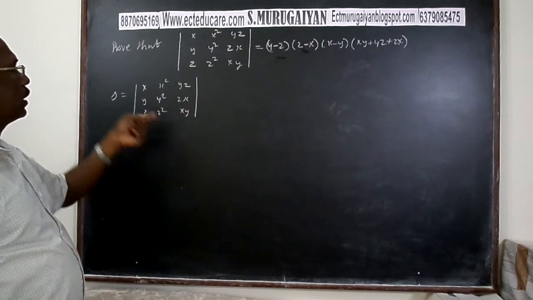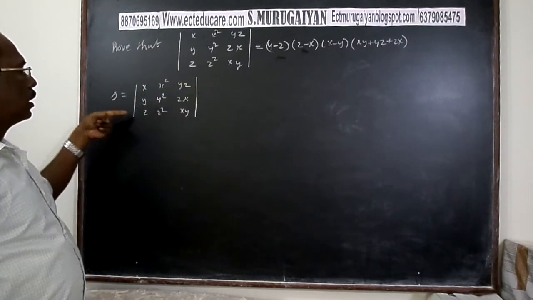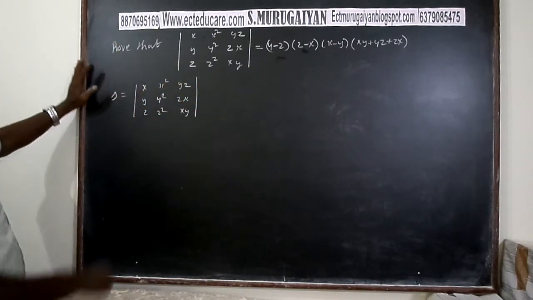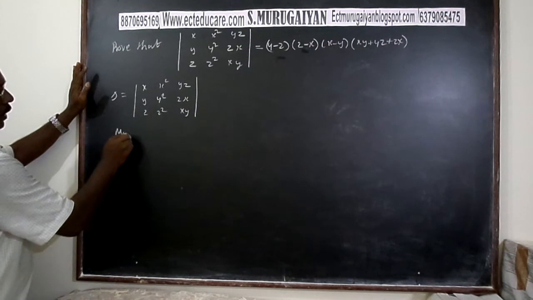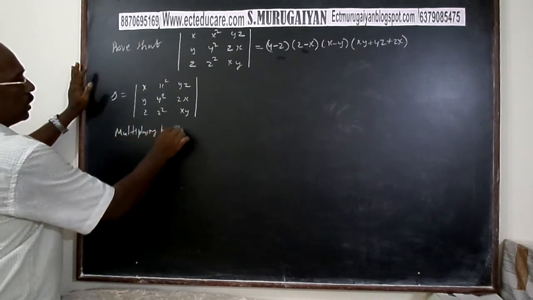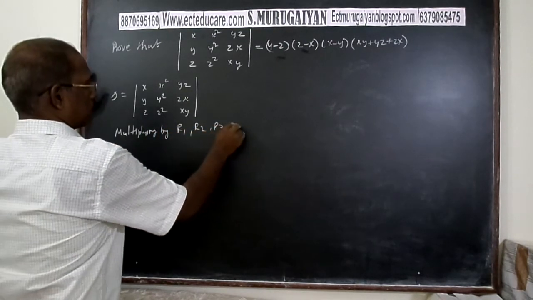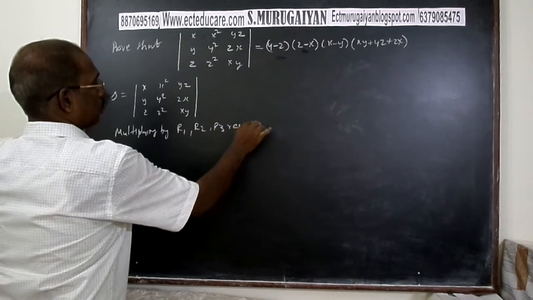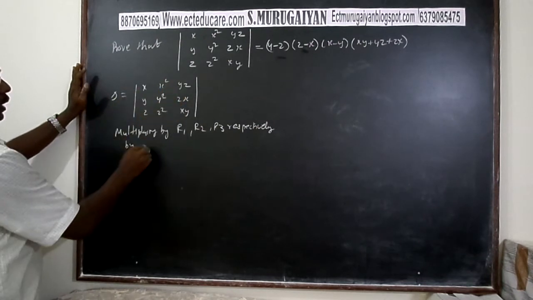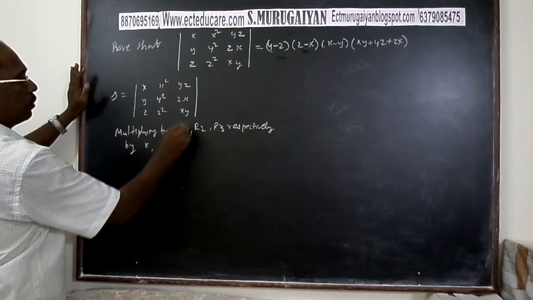So we can do one thing, multiply r1 by x, r2 by y, r3 by z. At the same time, we have divide outside, multiply and divide. So we can write multiplying by r1, r2, r3 respectively by x, y, and z.